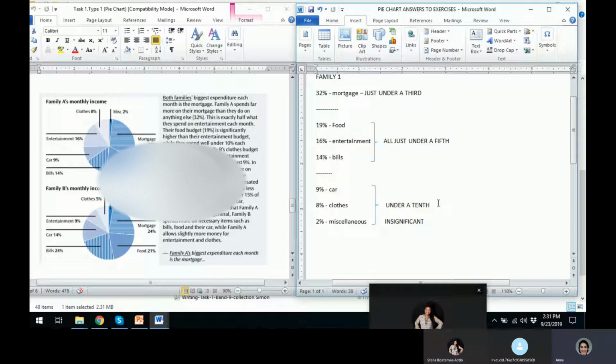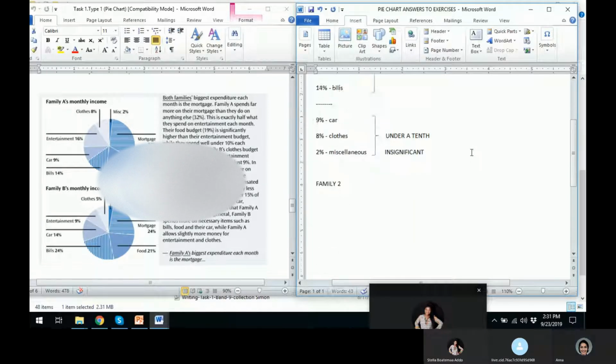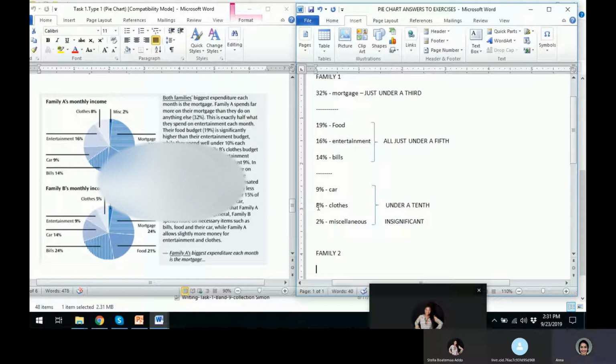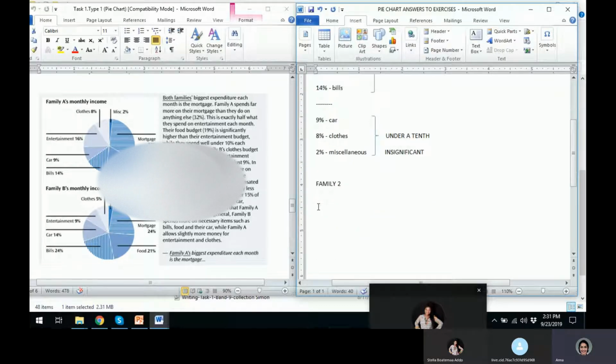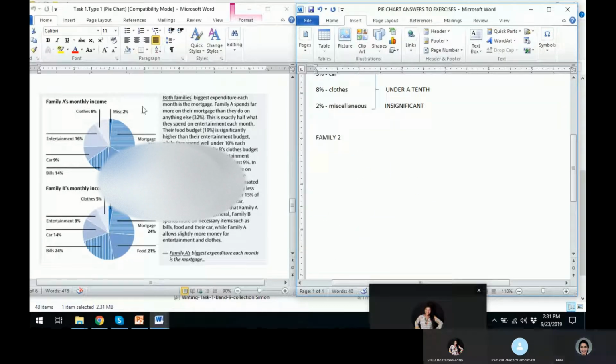Okay, let's go to family two. So now I'm going to analyze family two's budget. I think it's better if we end with family two. So which came first?